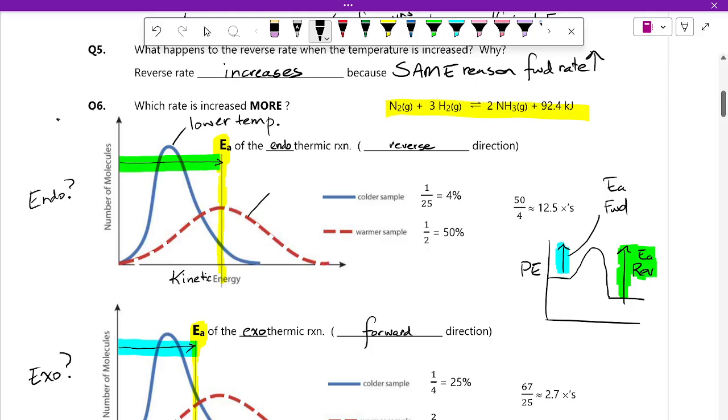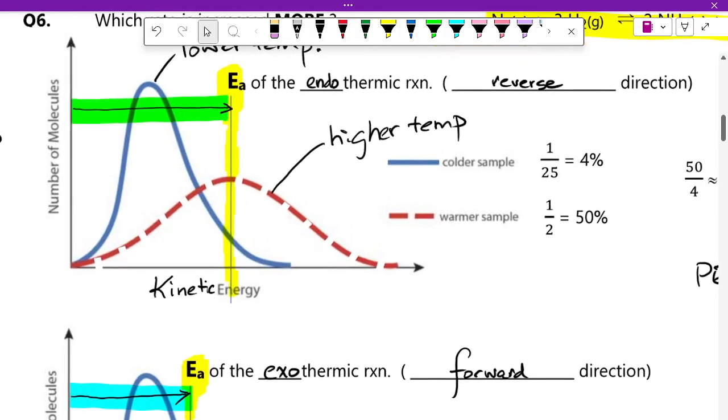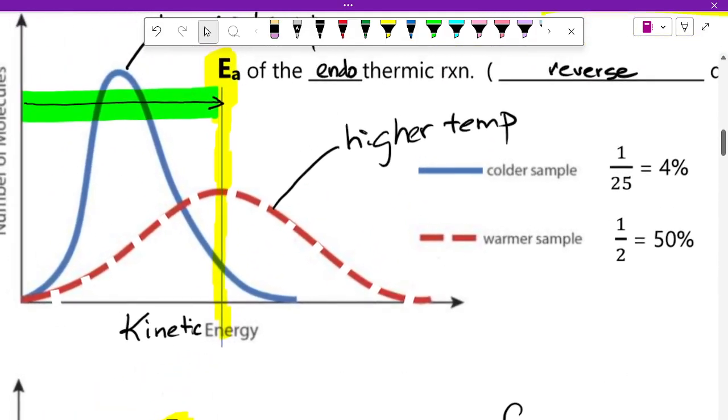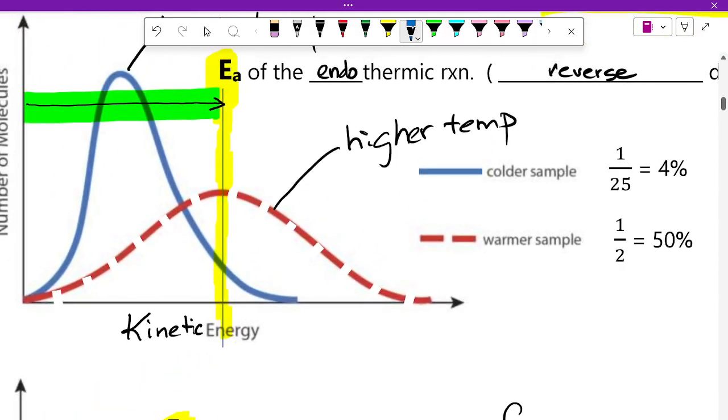This is at a higher temperature. Could you shade the area where we would have particles with successful collisions at the lower temperature?